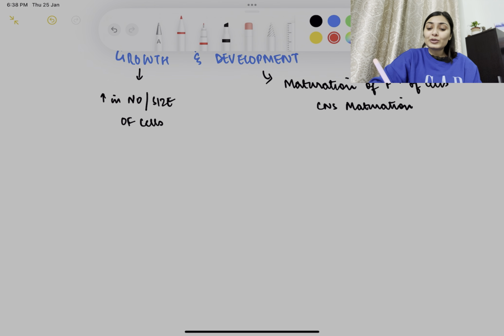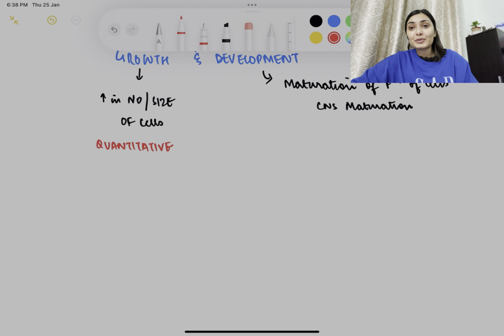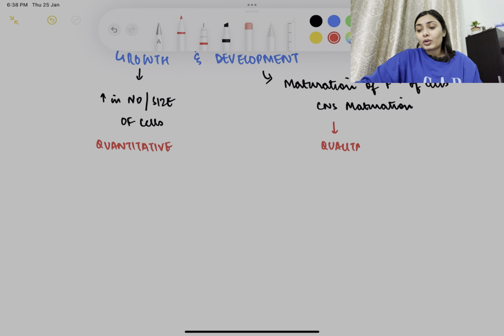Growth deals with the quantitative aspect of the baby, whereas development is the qualitative aspect. Now one by one we are going to discuss both of these, growth as well as development. We have learned that these two terms are very different from each other.